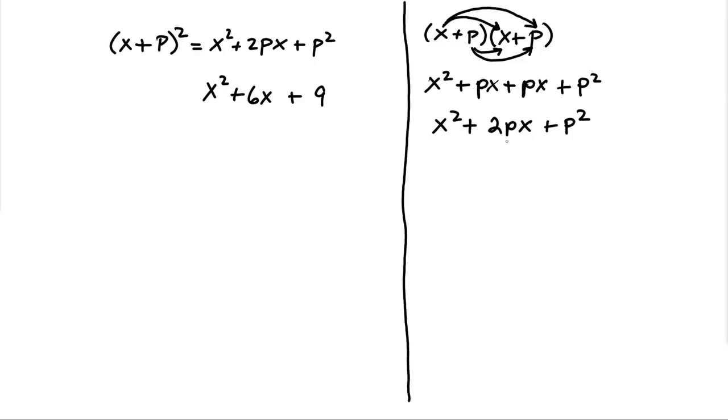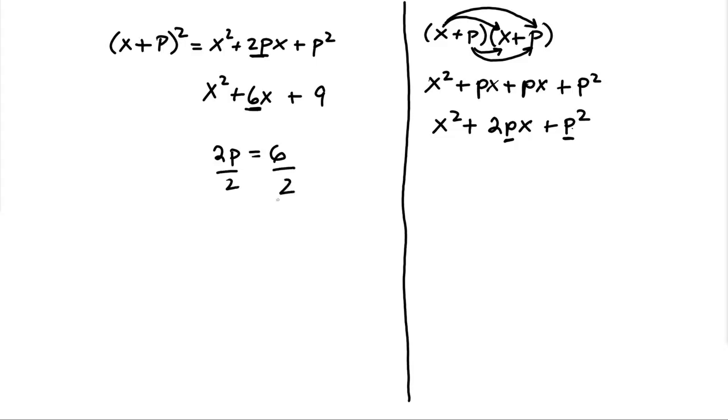So the key here is that the p here and the p here are the same p. If you can find what p is, then you know what p squared is. So what I have here is a perfect square quadratic. If this is a perfect square quadratic, then this 6 has to match up with that 2p. So my 2p has to equal 6. So 2 times what is 6? Well, I can get that by dividing.